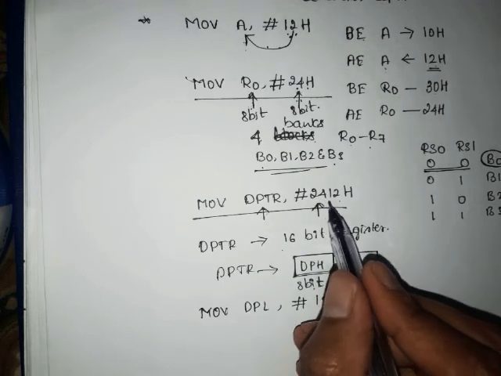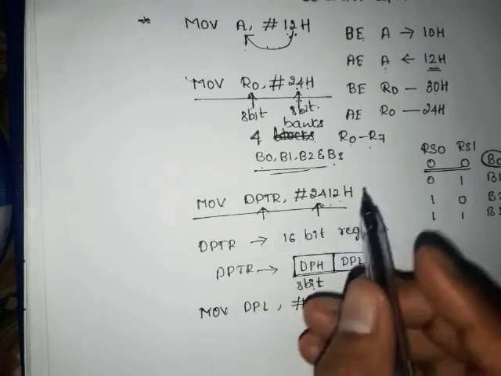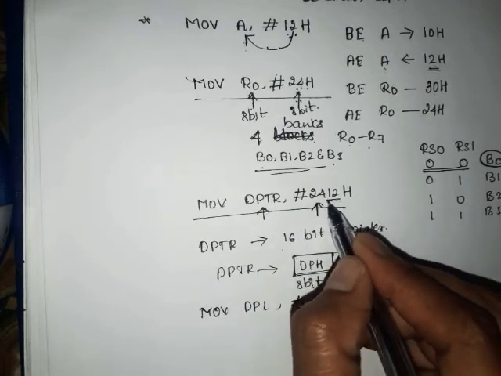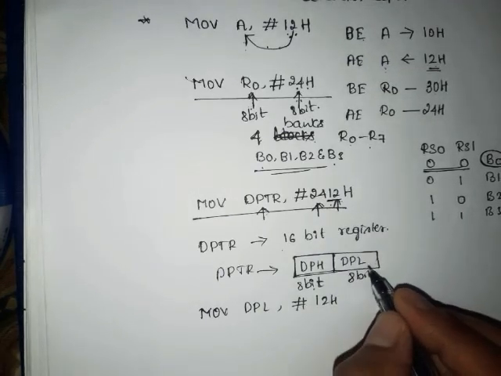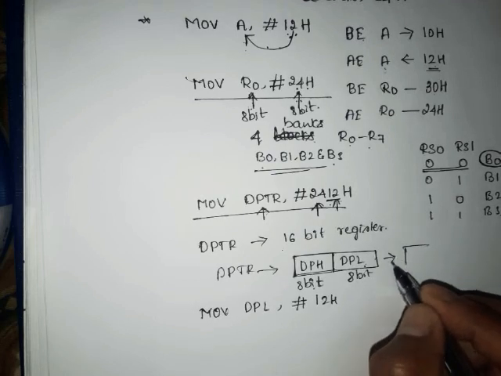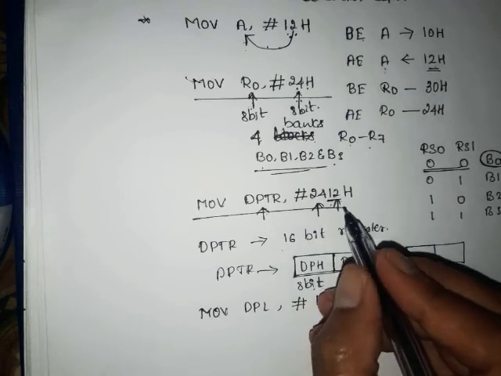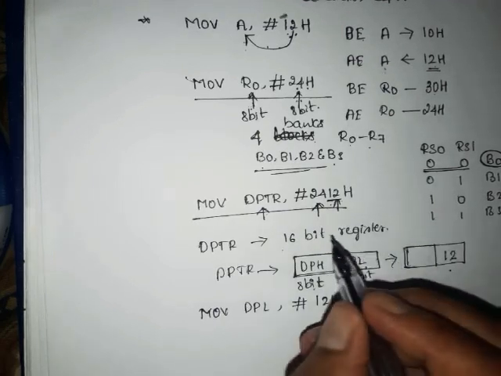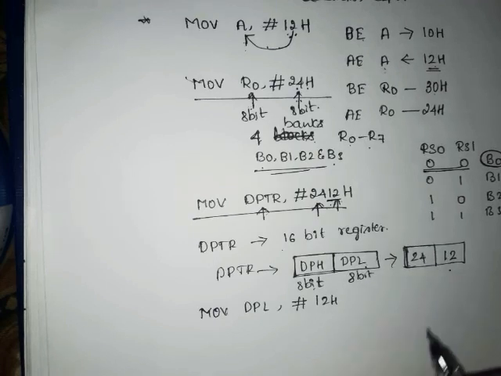See here, as we are moving the data 2412H to DPTR, the lower byte value is 12, that will be moved to the lower byte of DPTR. So here 12 will be stored in the lower byte, and the higher byte value of DPTR, 24, will be stored.